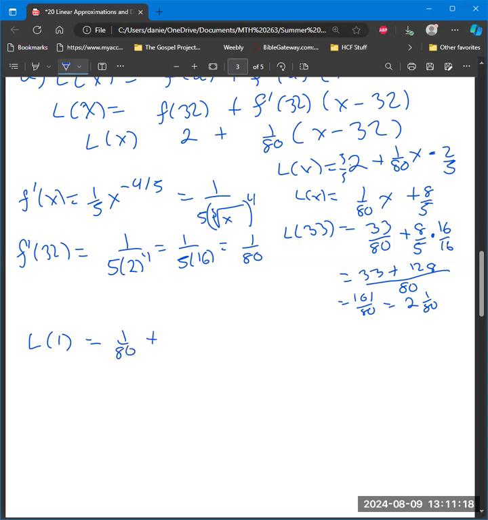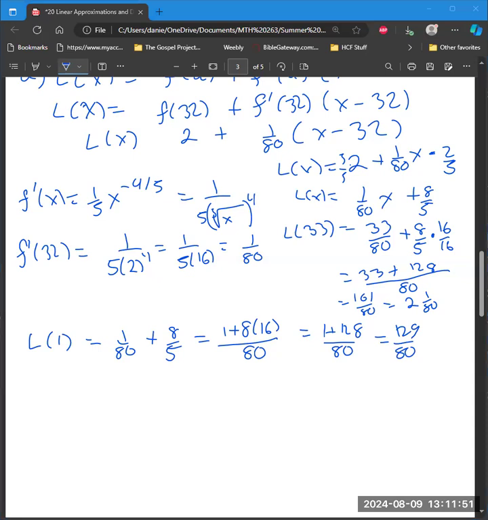1/80 plus 8/5 is 1/80 plus 8 times 16/80, which is 1 plus 128 over 80, that is 129 over 80. I'll tell you what that is in just a second.